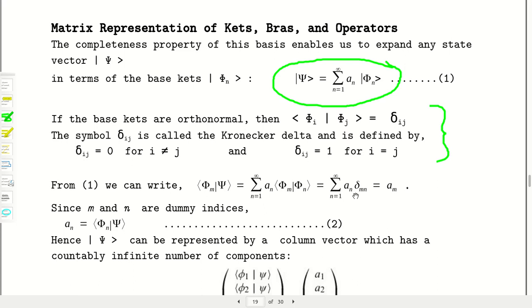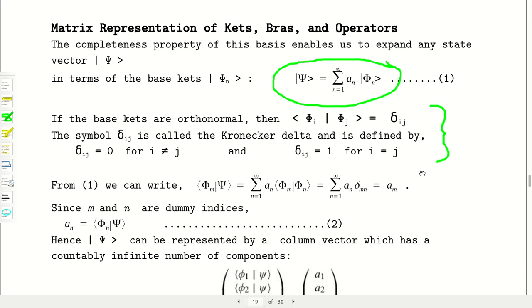So n should be equal to m such that the sum survives. N equal to m means a n becomes a m. So the sum has vanished, and just one term survived, which is a m into 1. That means a m is equal to <phi m|psi>.